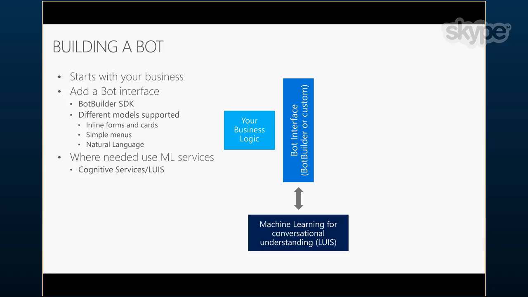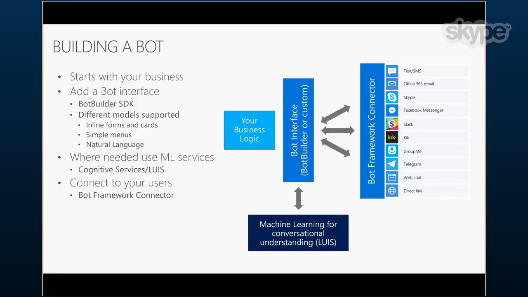But you may also want to add natural language understanding to your bot. So there's a whole bunch of services, whether they're your own existing enterprise service or third-party public web calls or calls out to the Microsoft Cognitive Services. Each of these potentially enhance the behavior of your bot.